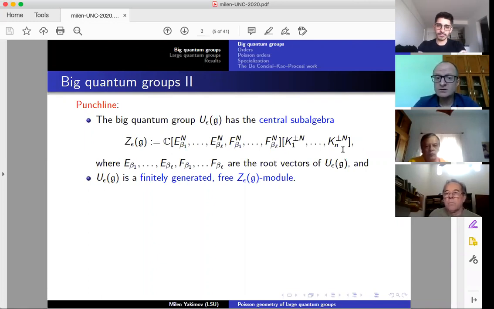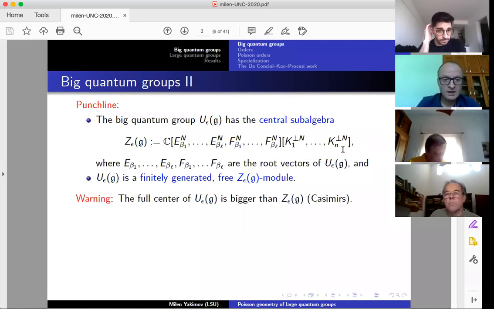So there has been a lot of interest in understanding exactly what are the irreducible representations, what classifies them, and what are their dimensions. The warning here, of course, is that the full center of this quantum group is bigger than the central subalgebra. For we have the usual Casimirs, which are in the full center, but they are not going to be in this central subalgebra.